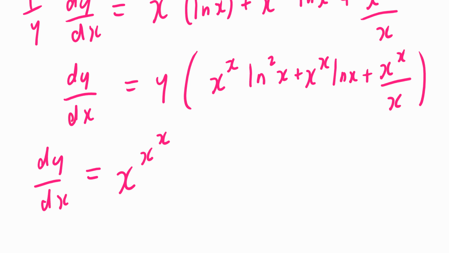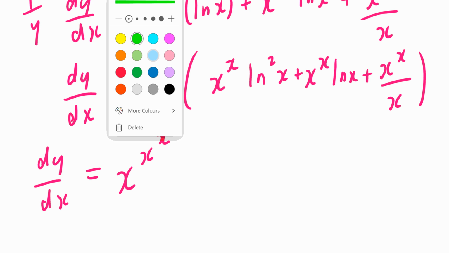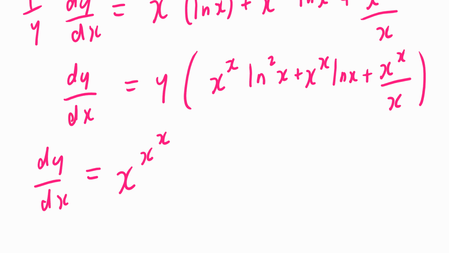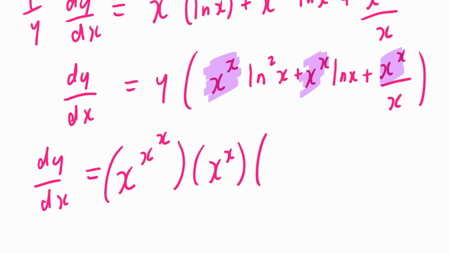Notice there's a common factor here. If you really look at it, you can factor x to the power of x to the front. So times, I'll put this in brackets, x to the power of x, open another bracket, ln x squared plus ln x plus 1 divided by x.